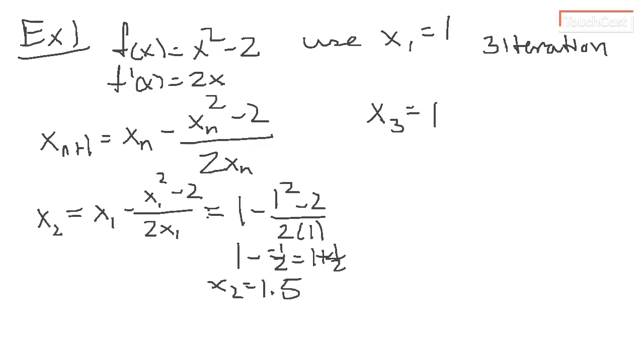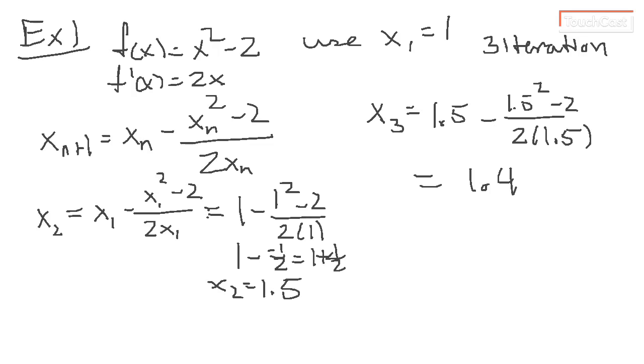So we've got 1.5 minus 1.5 squared minus 2 over 2 times 1.5. Now I would just go and put this into my calculator. And putting it in my calculator, I'm going to get about 1.416667. So the 6's repeat.